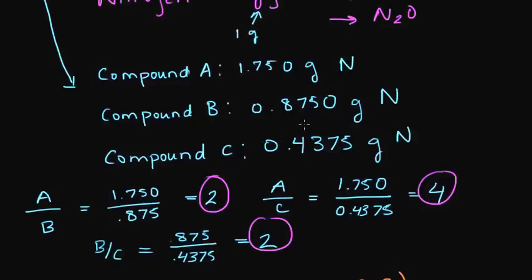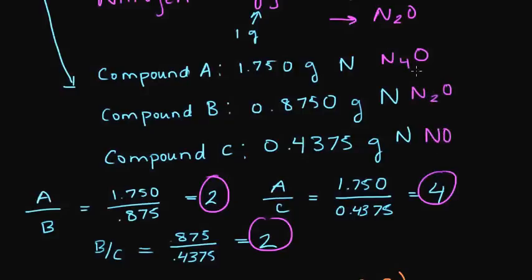And what this perhaps implies is that nitrogen, or any element really, since scientists performed similar experiments with lots of different elements and lots of different compounds, is that elements come in little packets. So maybe compound A has 4 packets of nitrogen for every oxygen. Compound B has 2 packets. Compound C, 1 packet.